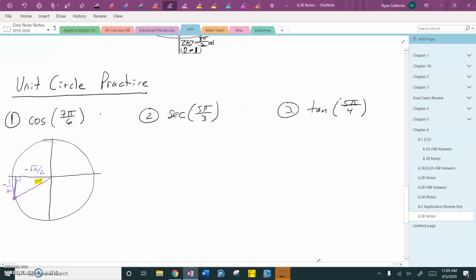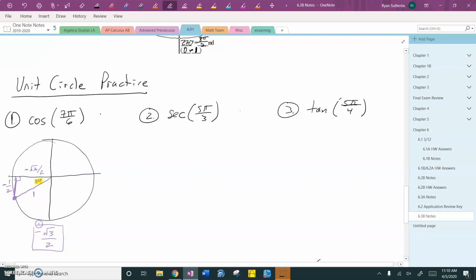The x value is the long side of the triangle, which is root 3 over 2, but again, we're in the third quadrant, so it's negative. We know the hypotenuse on the unit circle is always 1, and so cosine is x, or adjacent over the hypotenuse, so negative root 3 over 2.